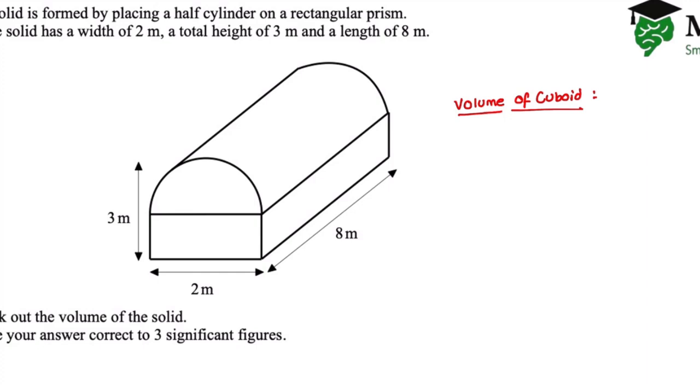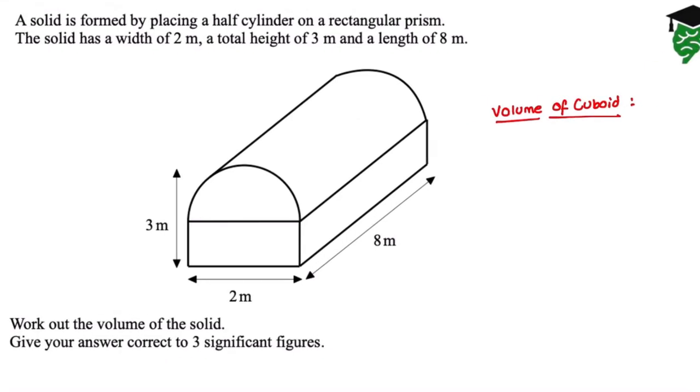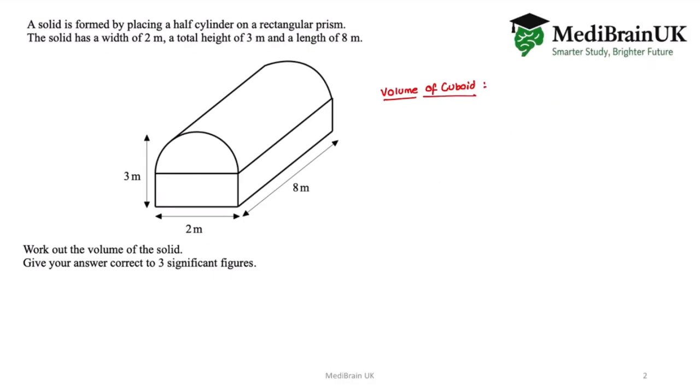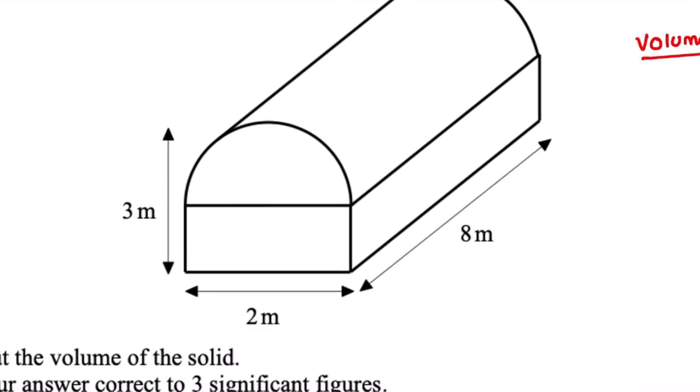Working out the volume of the cuboid first, we know that this solid has a width of 2 meters, a length of 8 meters, and a height of 3 meters. We need to work out the height of the cuboid. Now, this is a semicircle over here, and to work out the area of a circle, we need to know the radius.